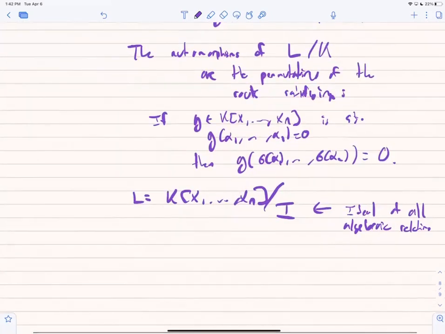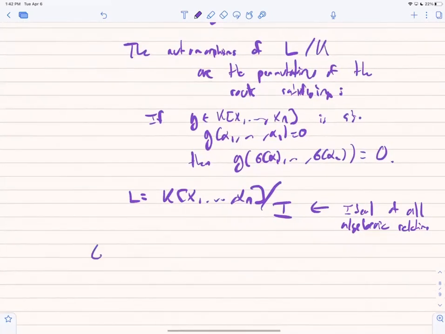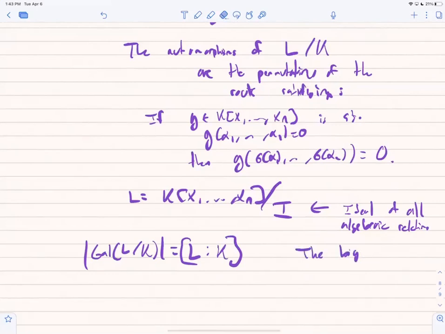On the other hand, we know the Galois group has size the degree of this field extension, and the bigger I is, the smaller this degree.